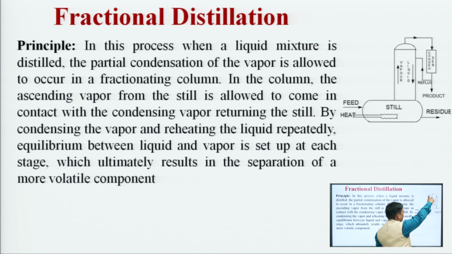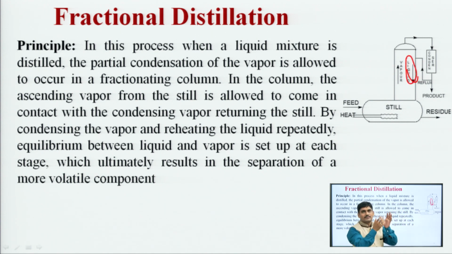While this liquid comes down and the vapor moves upward, the vapor takes the more volatile component present in the liquid, vaporizes with it, and passes through the condenser. From there we collect the pure product.